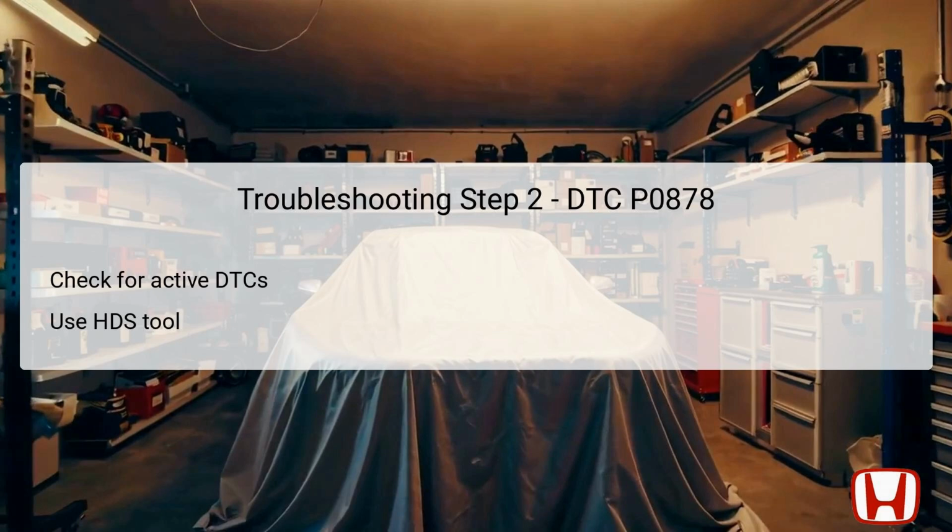Using the Honda Diagnostic System, HDS, tool facilitates this process efficiently, offering a comprehensive reading of the vehicle's diagnostic state. This step involves connecting the HDS to the vehicle's onboard diagnostic system, allowing for a thorough check for related or additional trouble codes that may provide more context or indication of underlying issues.